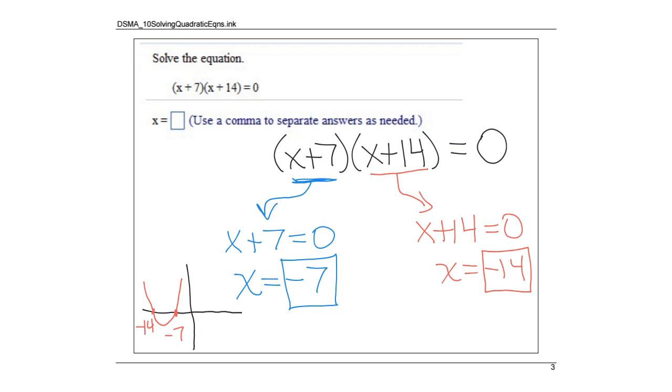So it's important that we know when the function crosses the x-axis, and this is a great way of finding that. All right, so when we come back up here for our answer, we are going to answer -14, -7. Now, technically, order doesn't matter, but in my brain it does because I need it to be in numerical order. But we're going to put a comma in between the solutions.